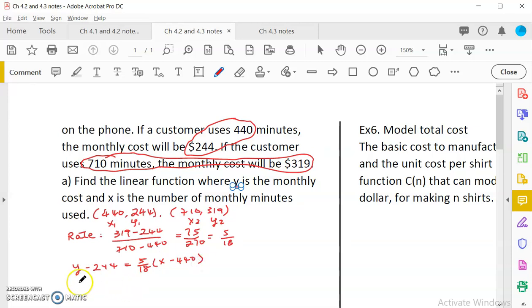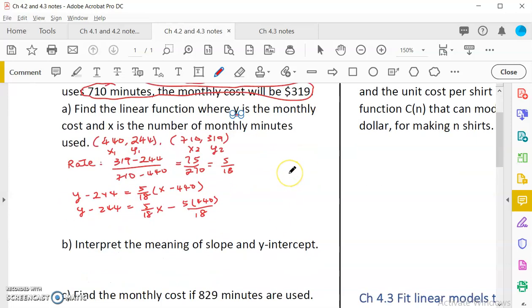And after you simplify, y minus 244 equals 5 over 18x minus 5 times 440 over 18, right? And then for it to be a linear model, I have to add the 244 on both sides. Put it in the calculator.